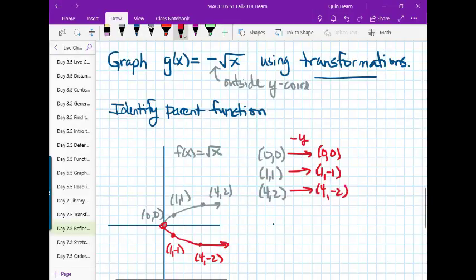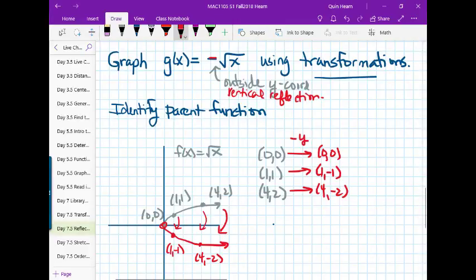So for a lot of my students, they like to actually write this little chart out and then go through and plot those points and draw in the shape. But it's also okay if you recognize that this is going to be a vertical reflection, okay, which you should associate a negative outside the function with a vertical reflection to just start drawing it directly onto the graph, whatever works for you.